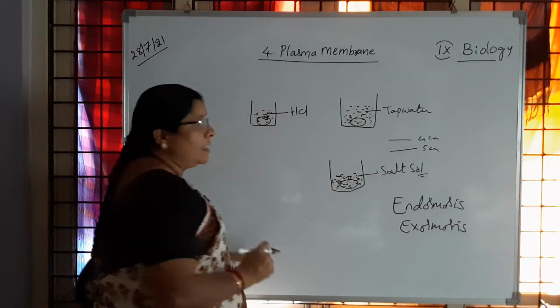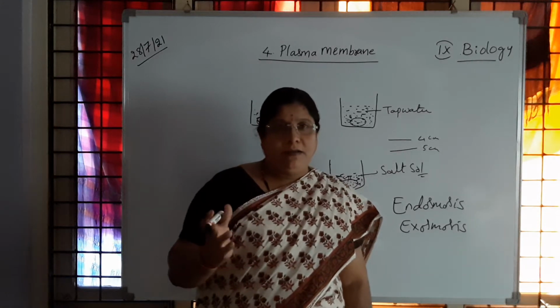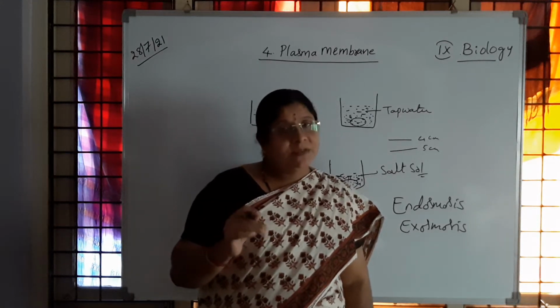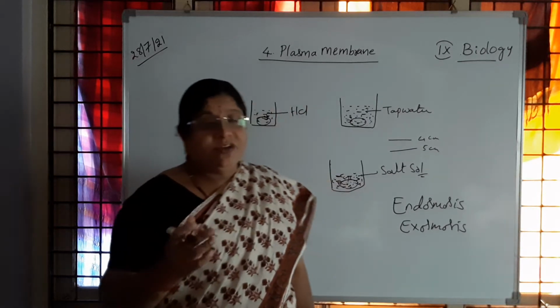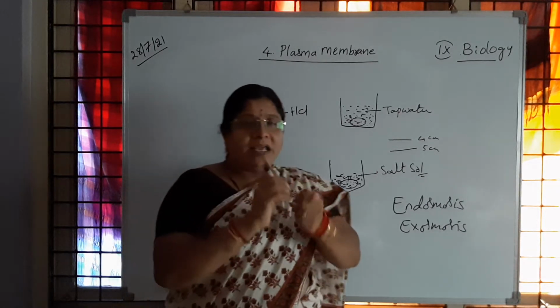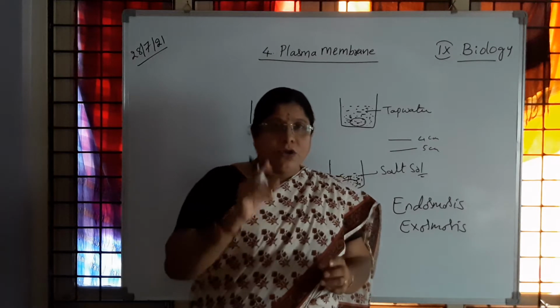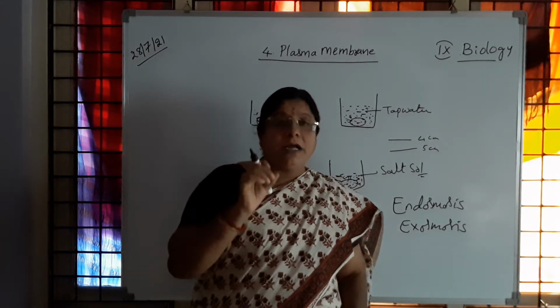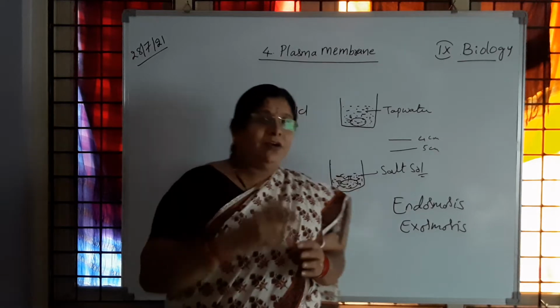So like that, through the plasma membrane. Have you observed the plasma membrane, children, on the egg? When you are eating a boiled egg, slowly a transparent layer we can observe. If we remove the outer eggshell, inside that we can see the transparent layer which is covering the yolk. Have you observed? Yes, you might have observed.